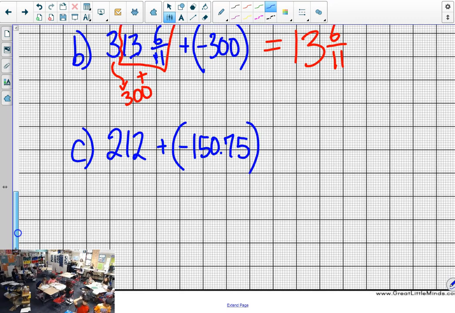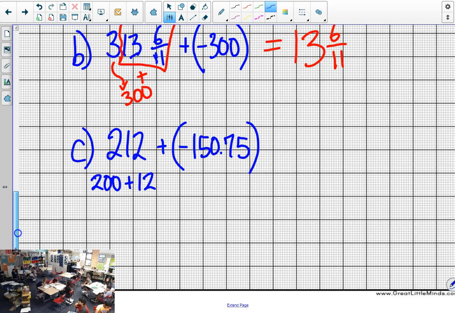Annie, what did your group do on C? Okay, so this may be wrong, but I took off the 12, so it was just 200. I'm going to rephrase what you said. You broke up, right? So you looked at it as 212, which really means a decimal point when it's technical. And then I subtracted 150 and then 0.75.